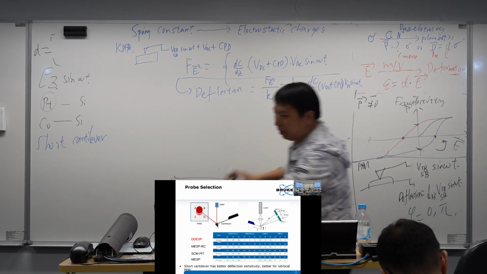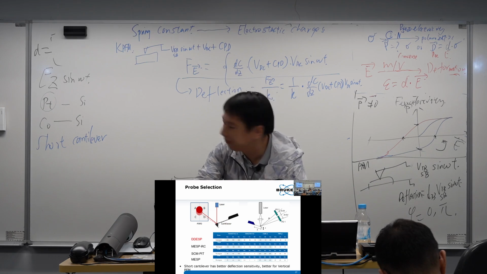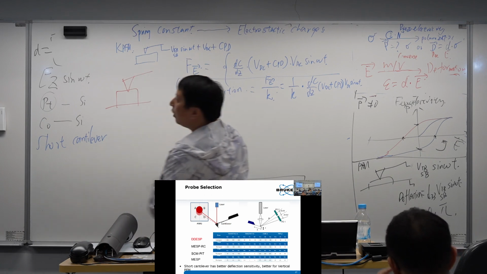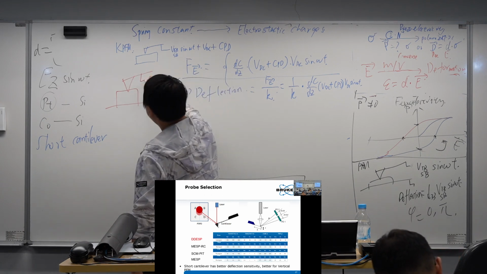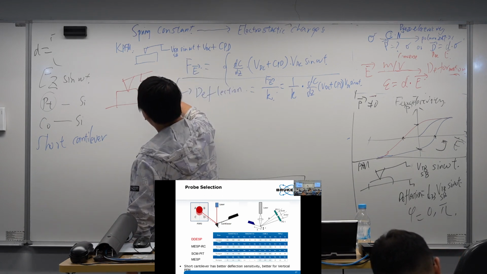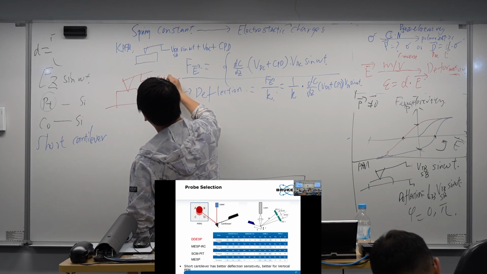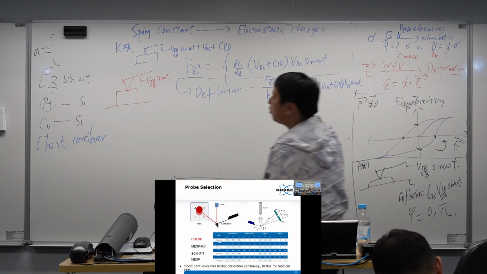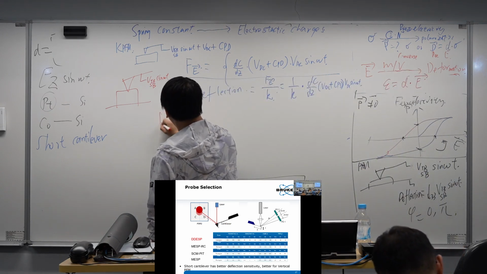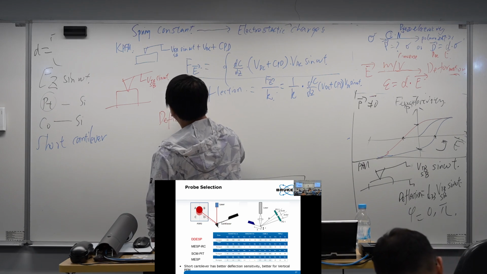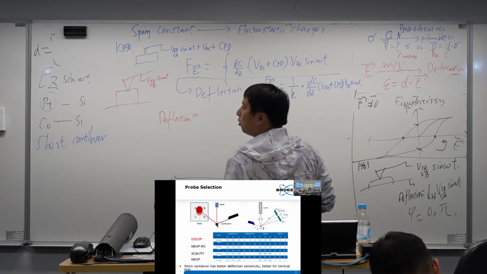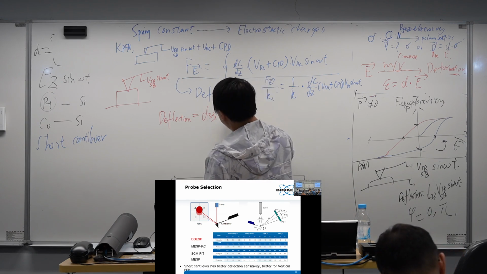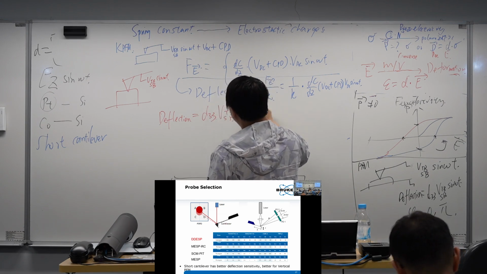So if we consider the PFM, it's the same setup. We apply VTB or VSB sine omega t on the probe or on the sample, and we want to get the deflection equals D33 times VTB VSB sine omega t.